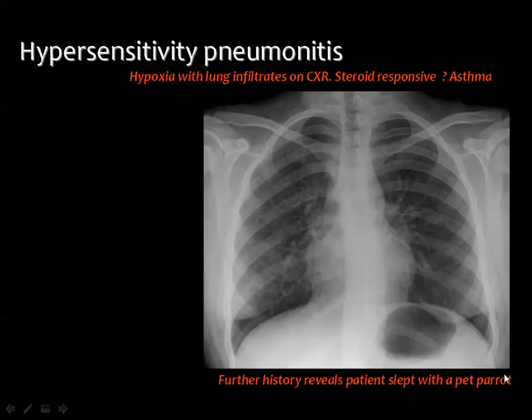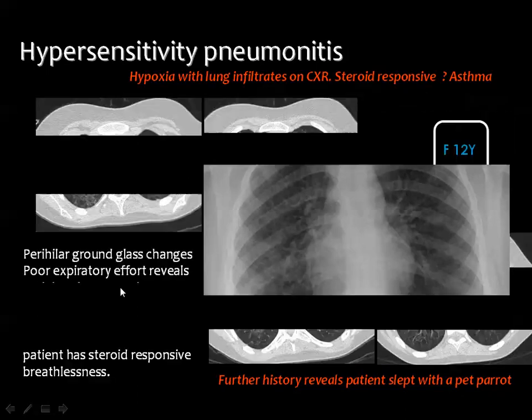And hypersensitivity pneumonitis, to be diagnosed, the patient would have a positive history of exposure to a certain allergen, and this may take a long time to identify the specific antigen. Then you look at the chest X-ray of an asthmatic patient with hypoxia and some infiltrates in the lung.